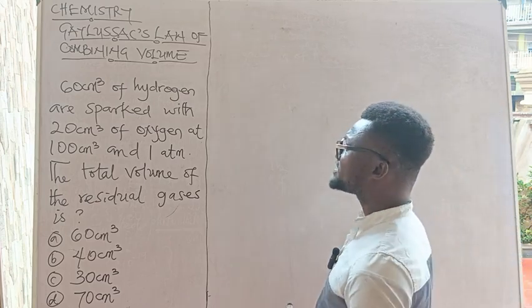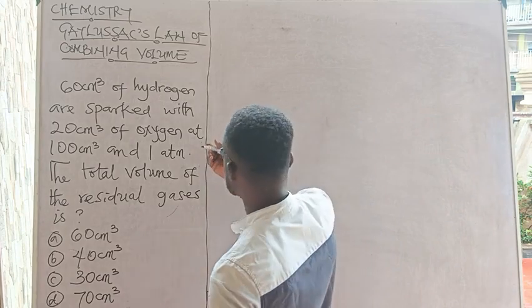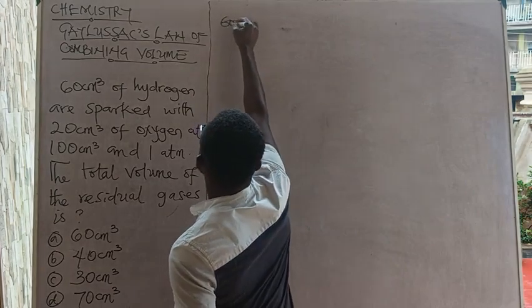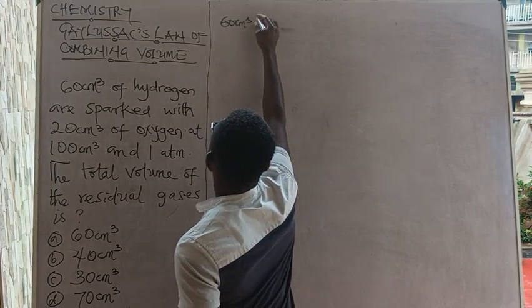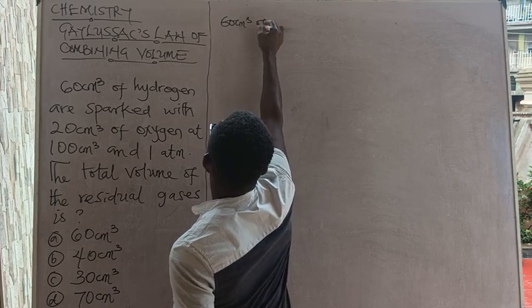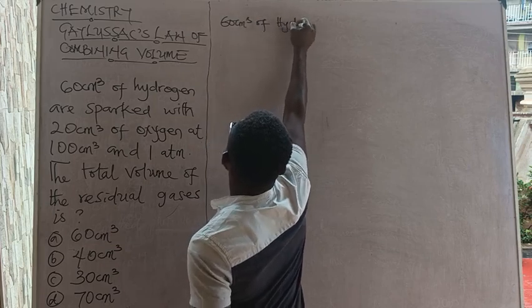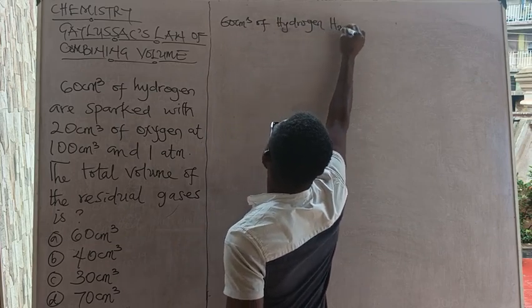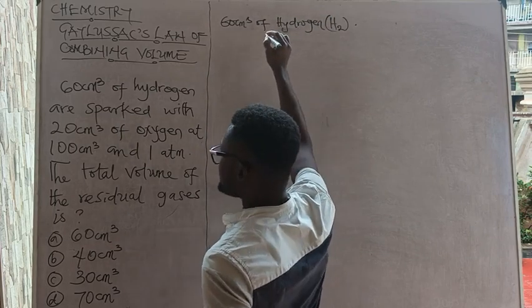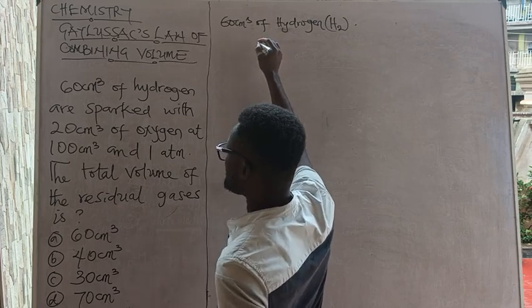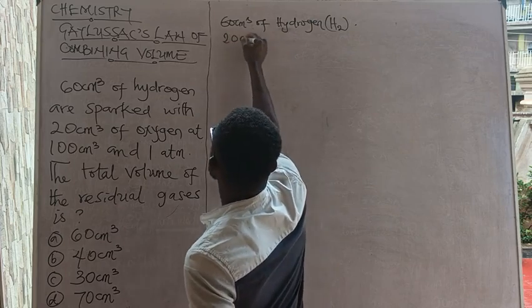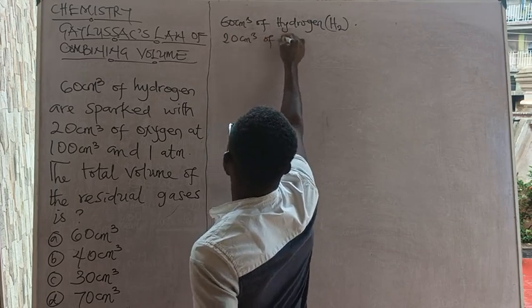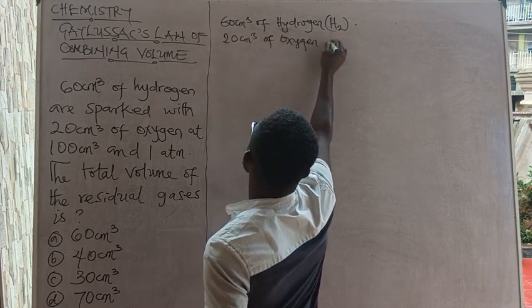We are given 60 cm cube of hydrogen gas. Then again, 20 cm cube of oxygen gas.